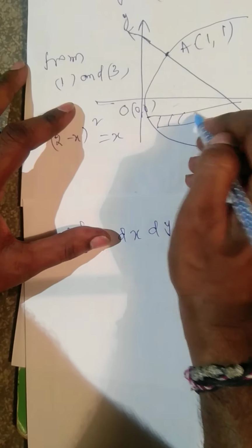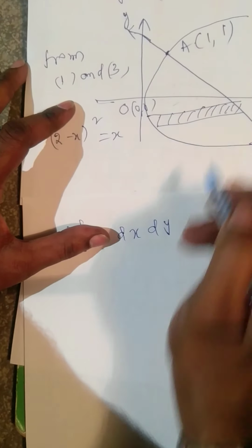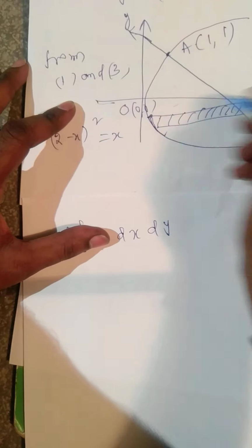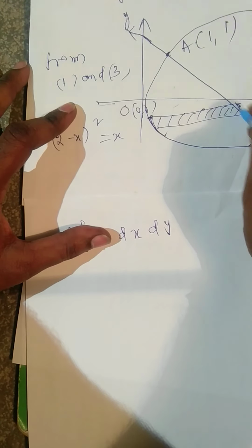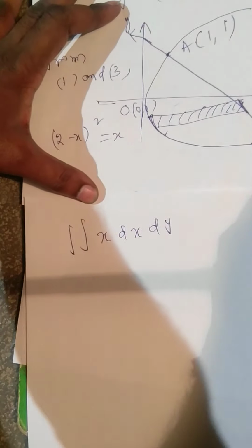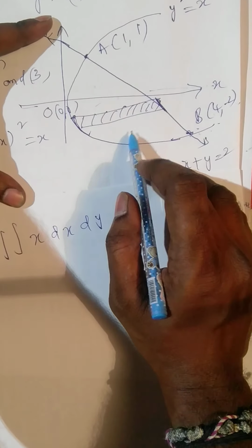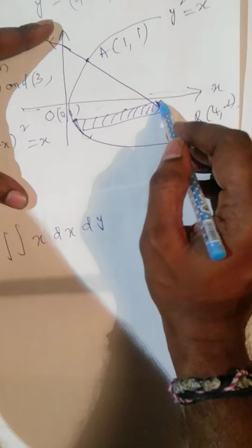I'm taking a horizontal strip, parallel to the x-axis, for taking the x limits. This is the lower limit and this is the upper limit.